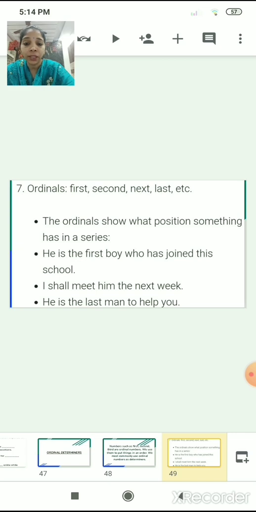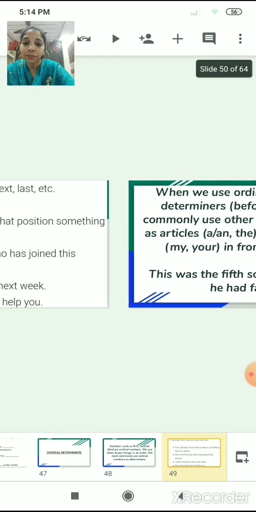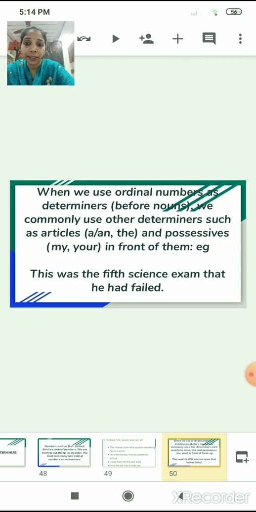Last is the ordinal determiner, and we have also used another determiner, that is the article, before it. I hope students it is clear what ordinal determiners are. When we use ordinal numbers as determiners before nouns, we commonly use other determiners such as articles a and the and possessives my, your in front of them.